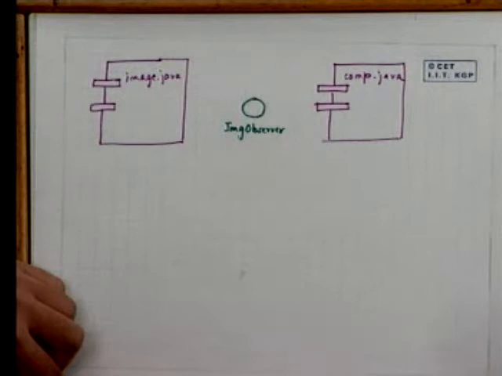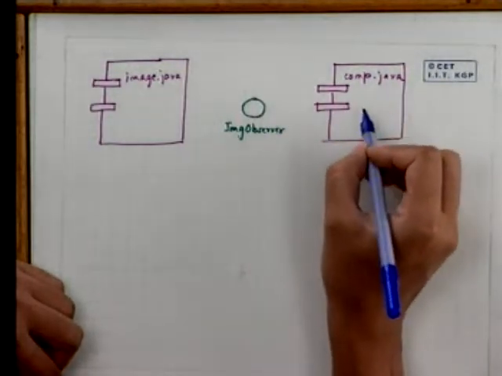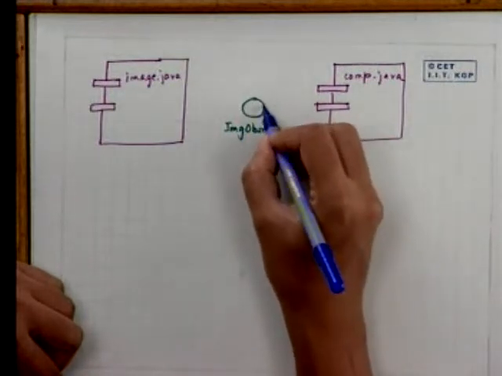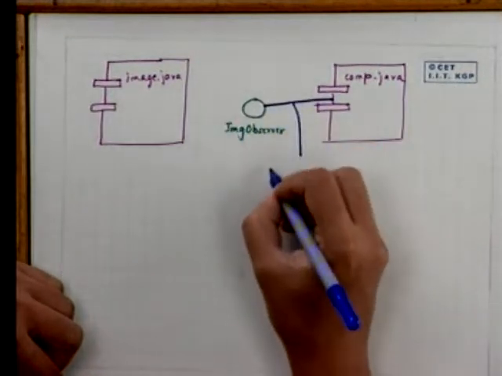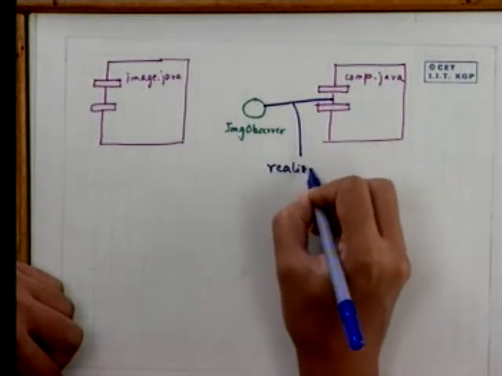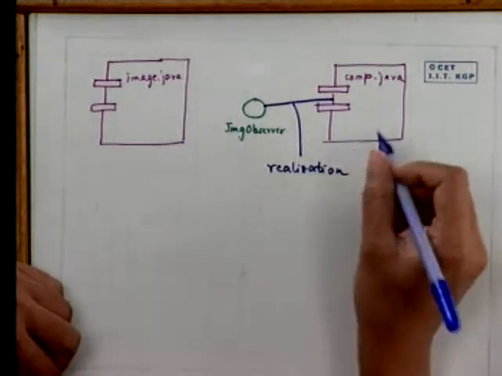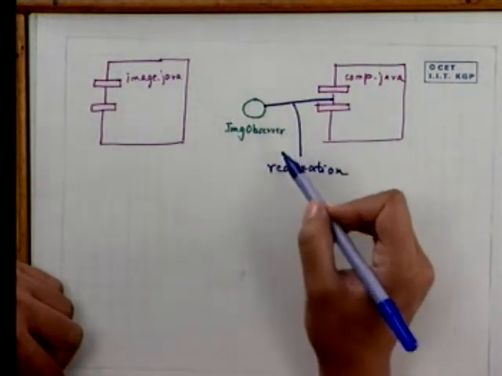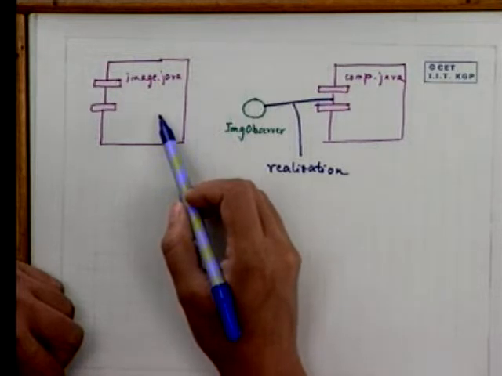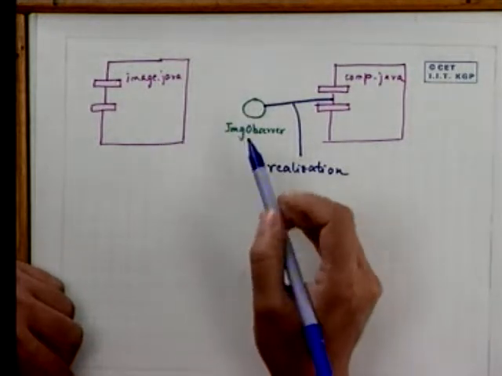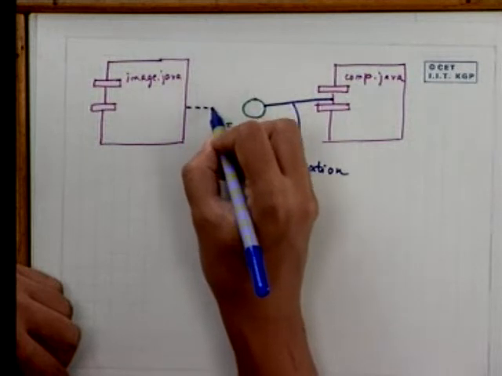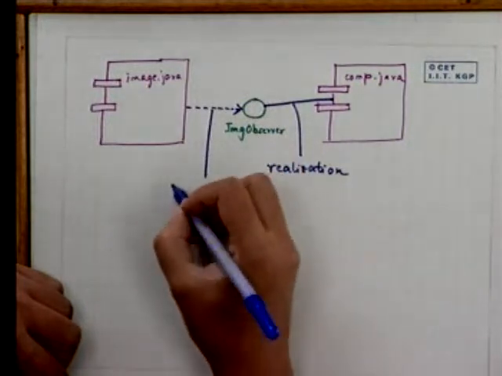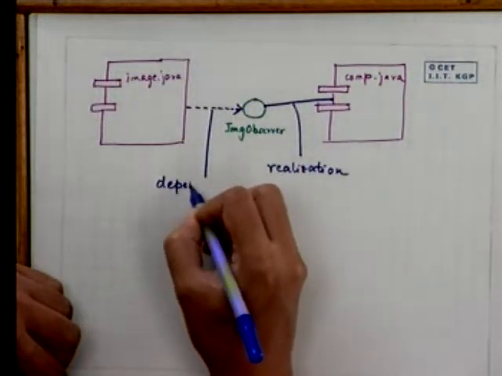And we have a link between this component and this interface, a realization relationship. This component.java realizes the interface image observer, and image.java is dependent upon the interface image observer, which we denote by this dashed line. So this is a realization relationship and this is a dependency relationship.